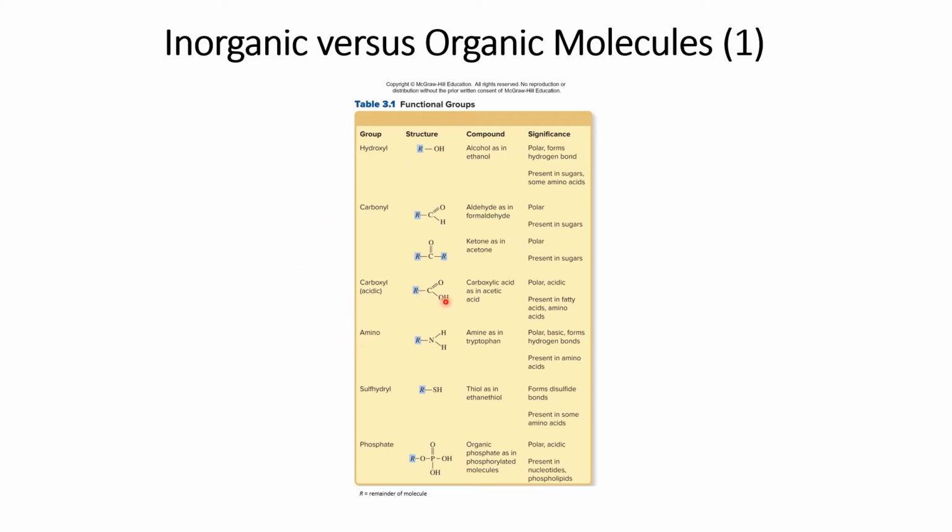You find the acid group in fatty acids and amino acids. You find the amino group in amino acids and nucleotides. And you find the phosphate group in nucleotides and DNA and RNA. So those are the four functional groups I want you to know.